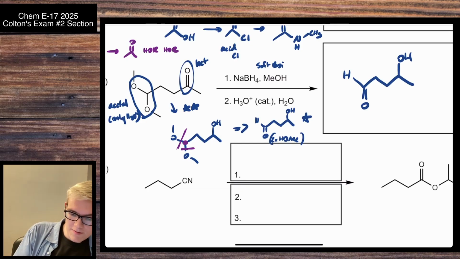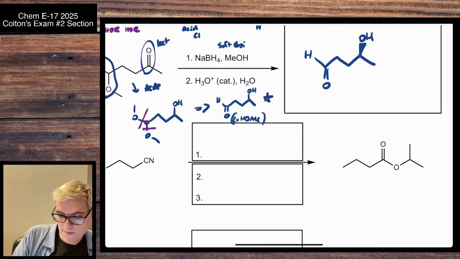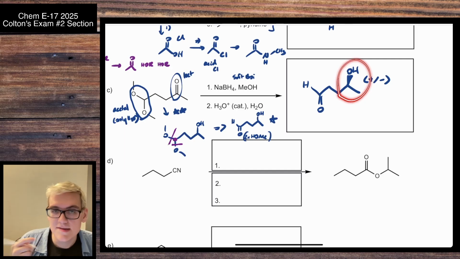So if we had added the H on a wedge, then this OH would be on a dash. And if we had added the H on a dash, the OH would be on a wedge. We get both options. So what we're going to do is just draw one of them. So I'm going to draw the wedge. Doesn't matter which one you draw. And we're going to do a plus minus here to show that we have this stereocenter plus its enantiomer.